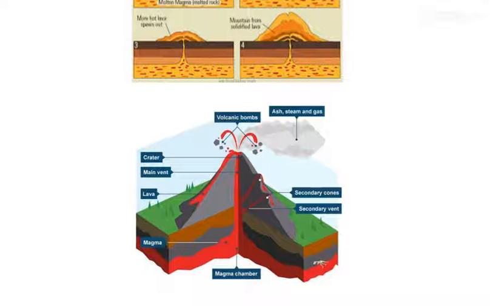Okay, next, the topmost part of a volcano has an opening through which eruption takes place. The opening is called a crater. So this topmost part of the volcano through which the eruption takes place is known as the crater. Why does eruption take place through here?